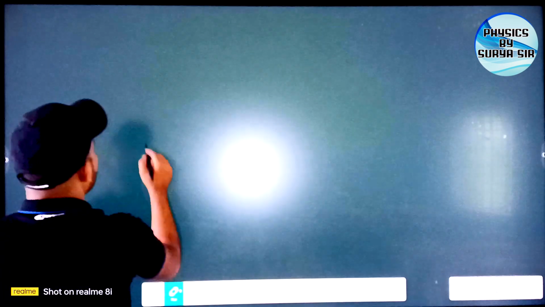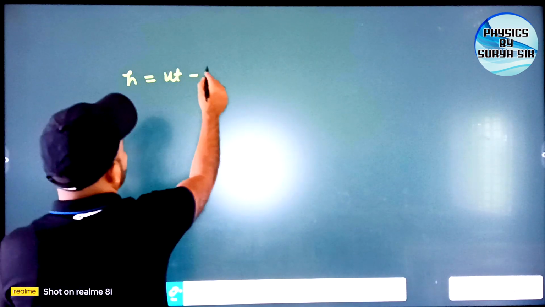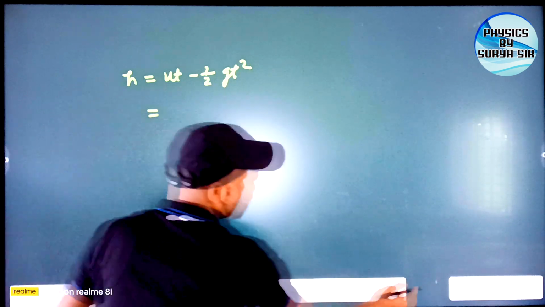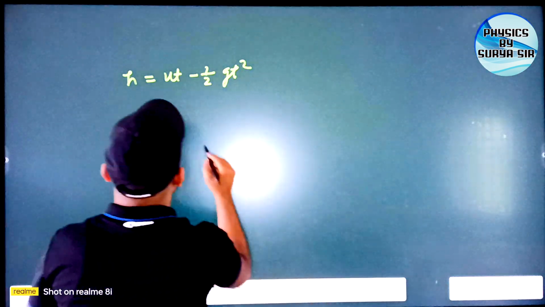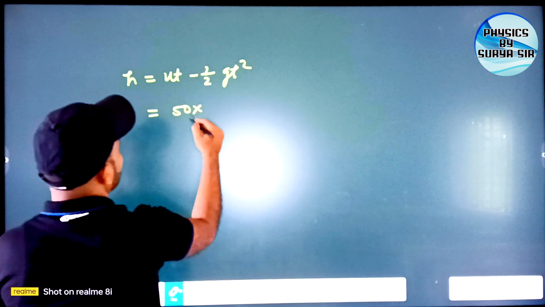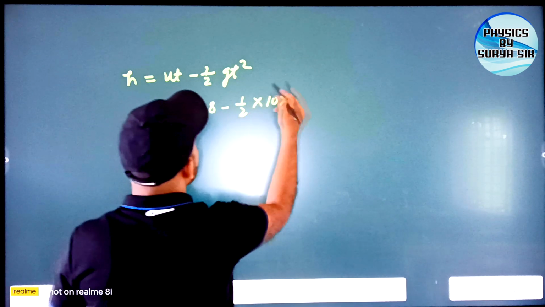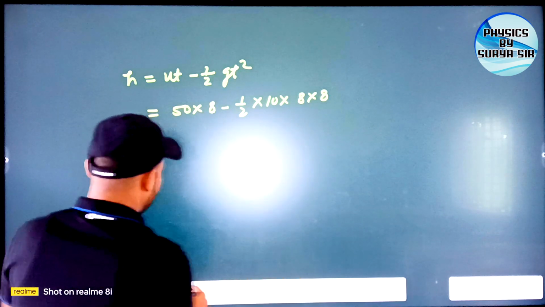Yes, h is equal to ut minus half gt square. What is the value of u? u is 50 meters per second. So this is 50 into t, which is 8, minus half g into t square, where t square means 8 into 8.